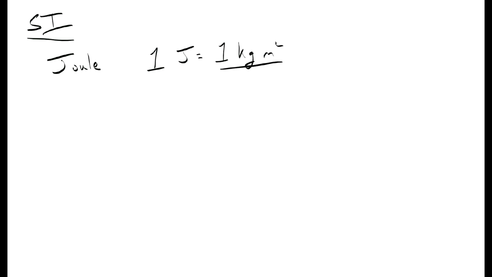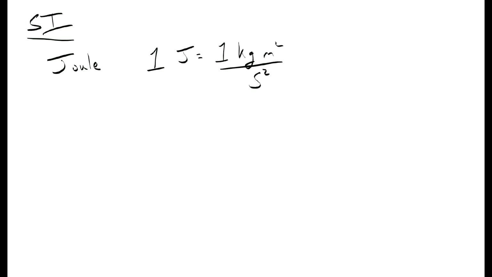These days, the SI system unit is the joule, named after yet another dead guy, where 1 joule is equal to 1 kilogram meter squared per second squared. That probably doesn't make a heck of a lot of sense.